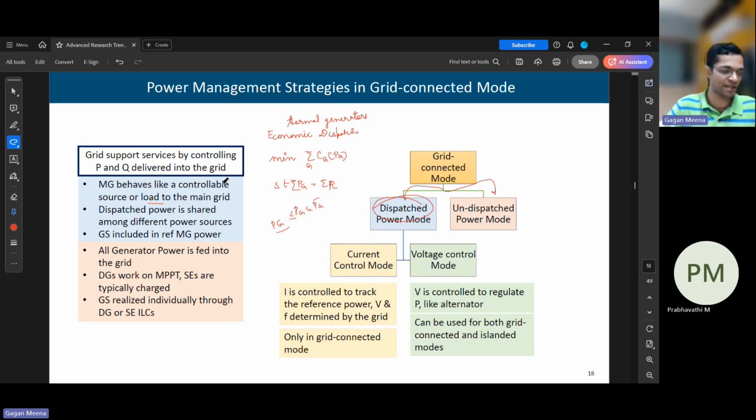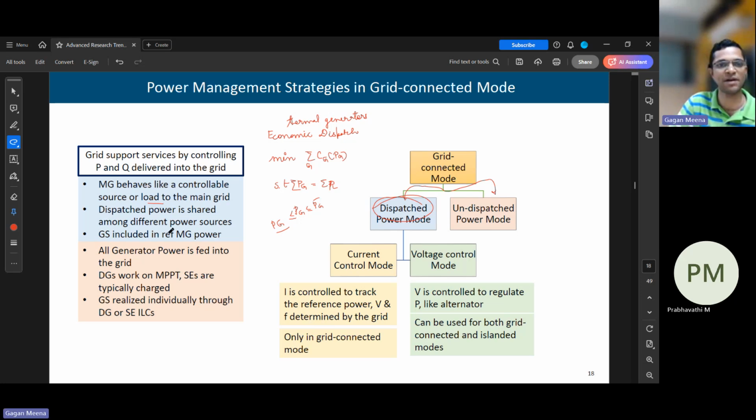It can export power to the main grid because there is excess generation, but there is already over voltage on the main grid side. Then in that case, it will not operate at the maximum power point. It will operate in off MPPT mode or voltage control mode and reduce its generation to help the main grid.